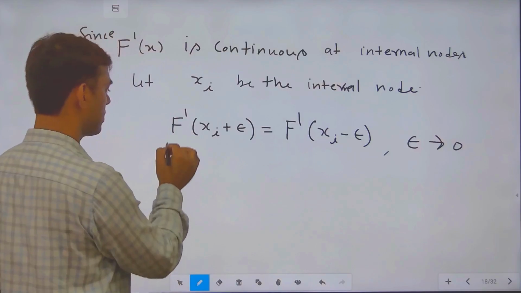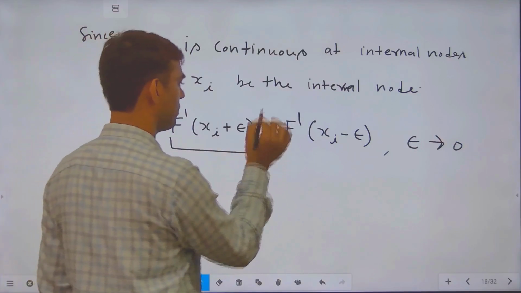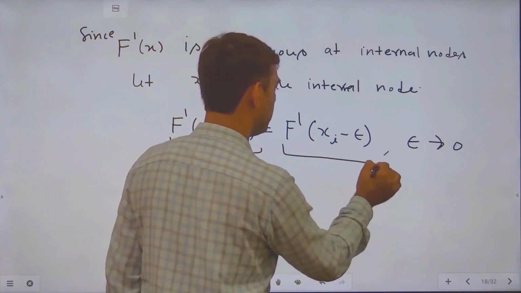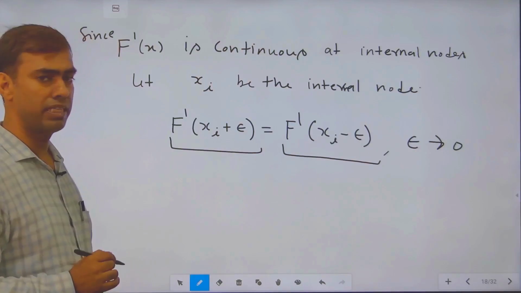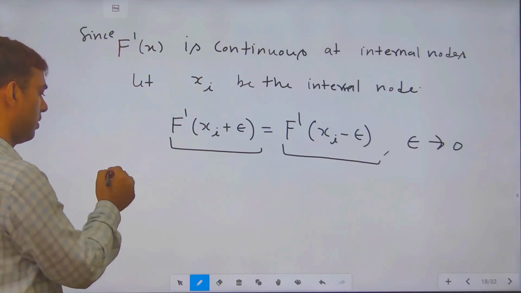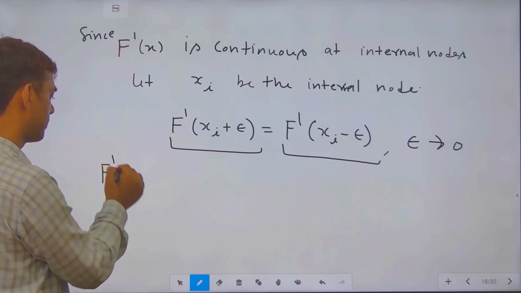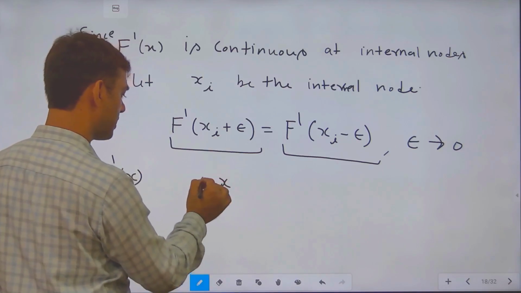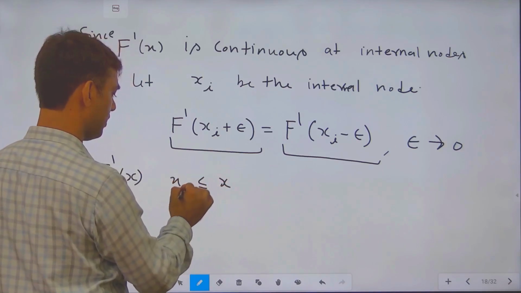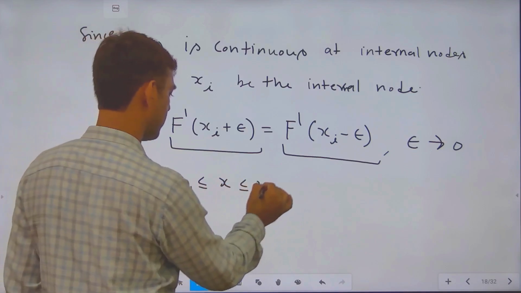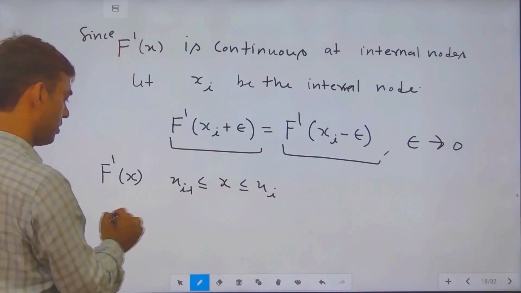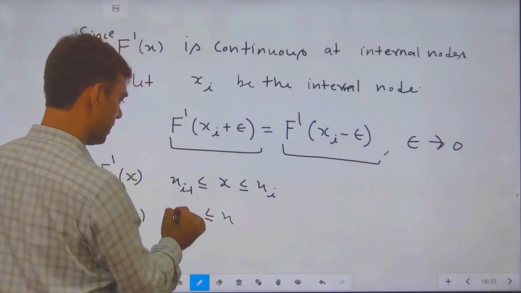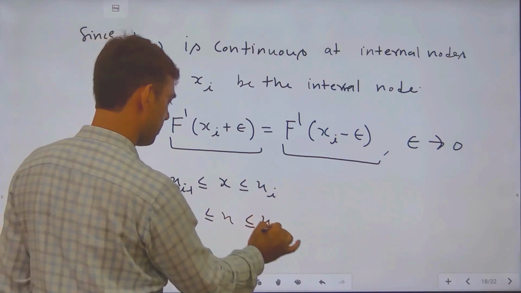So, in order to write the value of f'(x) at x_i + epsilon and the value of f'(x) at x_i - epsilon, we need the expression for f'(x) for x between x_{i-1} and x_i, and f'(x) for x greater than x_i and less than x_{i+1}.